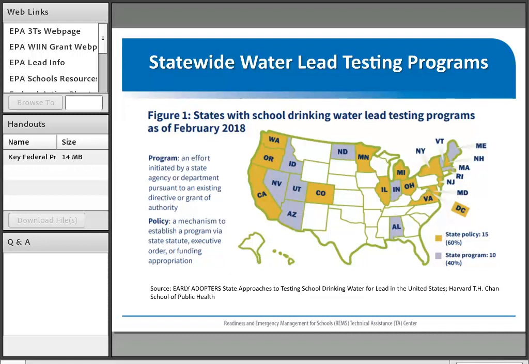This graphic details which of those initiatives are state programs versus policies, with a majority being policies. If you see your state listed but are not aware of those existing policies or programs, we encourage you to view this report as well as the EPA site and map that's listed in our web links pod to access state-level information. The EPA State Leaders in Reducing Lead in Drinking Water map is included again in the web links pod for your reference later.